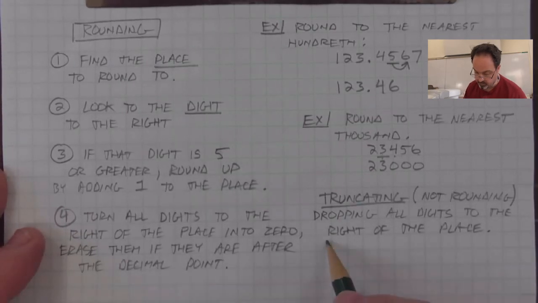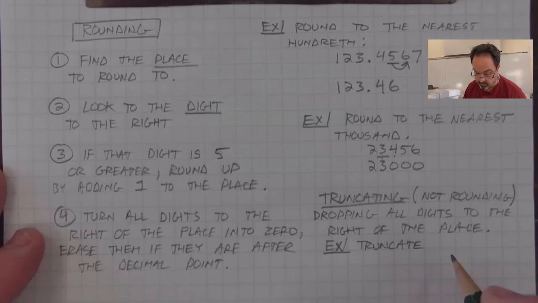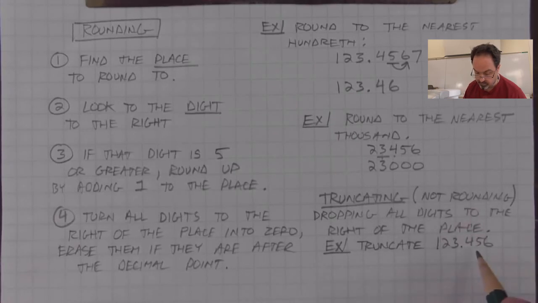For example, we could be asked to truncate the number 123.456 to the nearest hundredth. 5 is in the hundredth place.